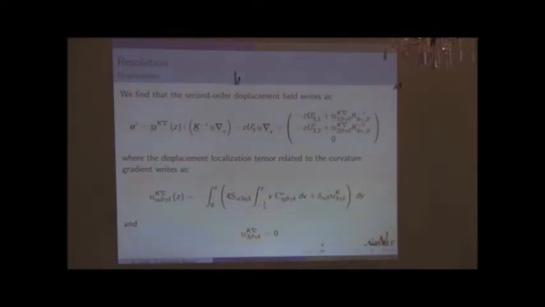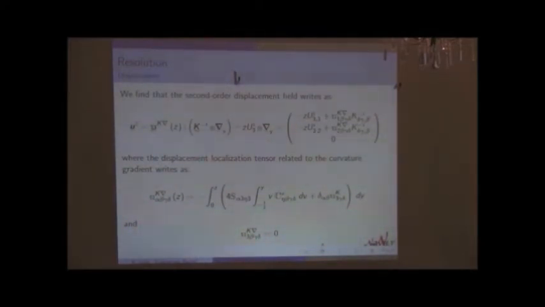So this displacement localization tensor, which is proportional to the gradient of the curvature, has a mechanical meaning related to transverse shear warping. It's purely an in-plane displacement, and it's just the distortion related to the transverse shear.